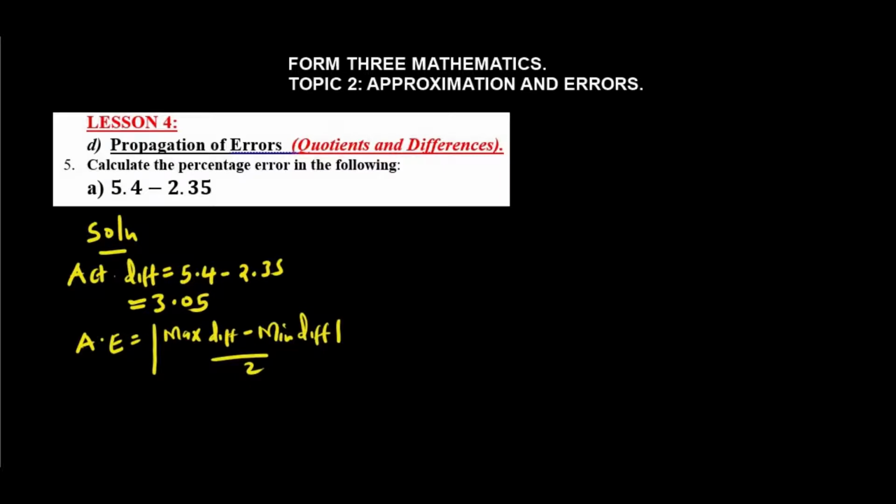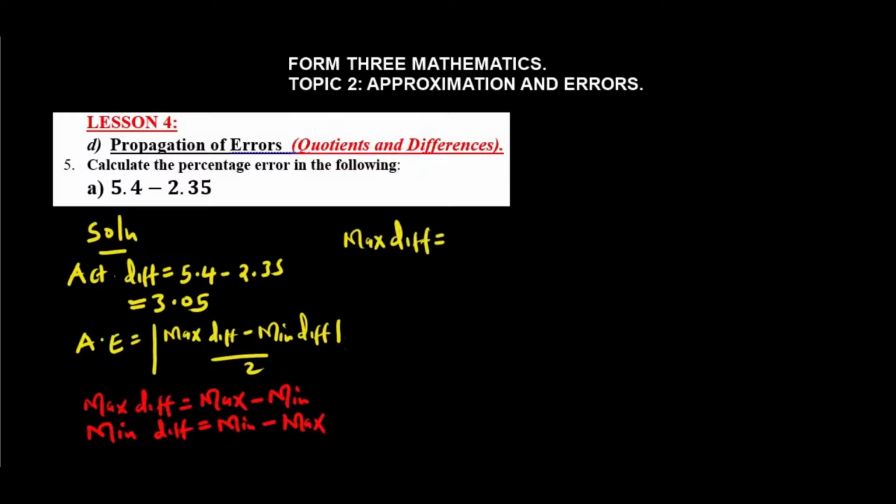For us to determine the maximum difference, we know that it is obtained by having the maximum value of 5.4 minus the minimum value of 2.35, and later on we'll also work out the minimum difference, which will be obtained as the minimum value of 5.4 minus the maximum value of 2.35.